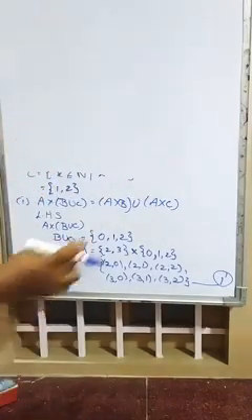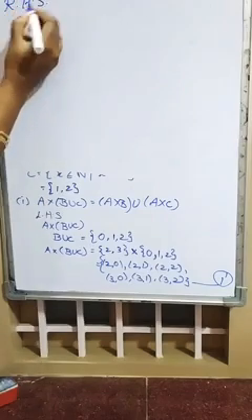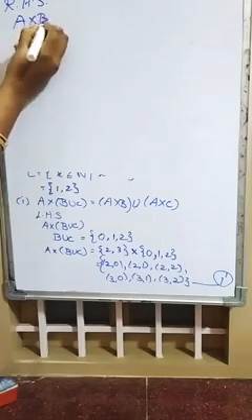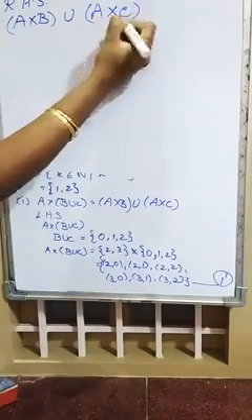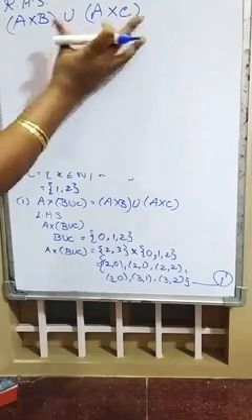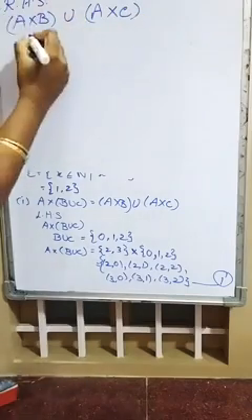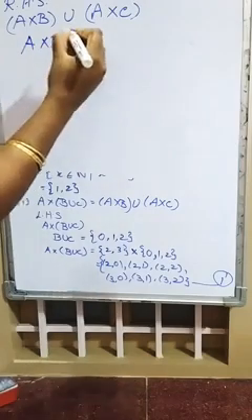Now write the right hand side, that is (A cross B) union (A cross C). First find the value of A cross B, next A cross C, next combine these two. That is A cross B. What are the elements of A?